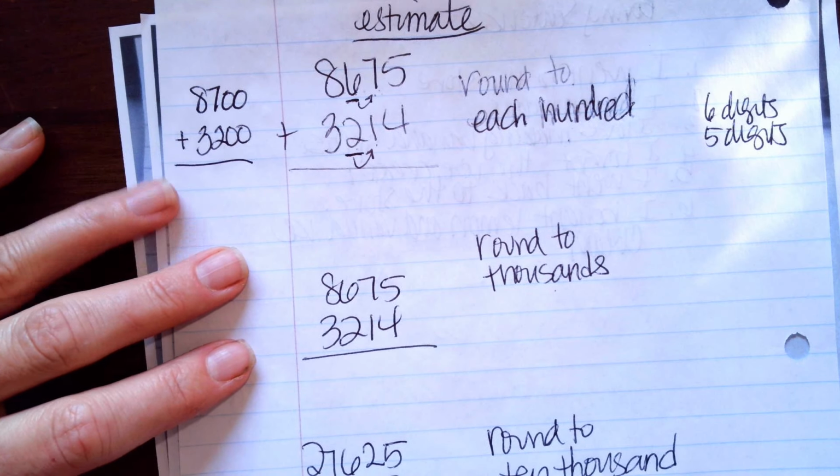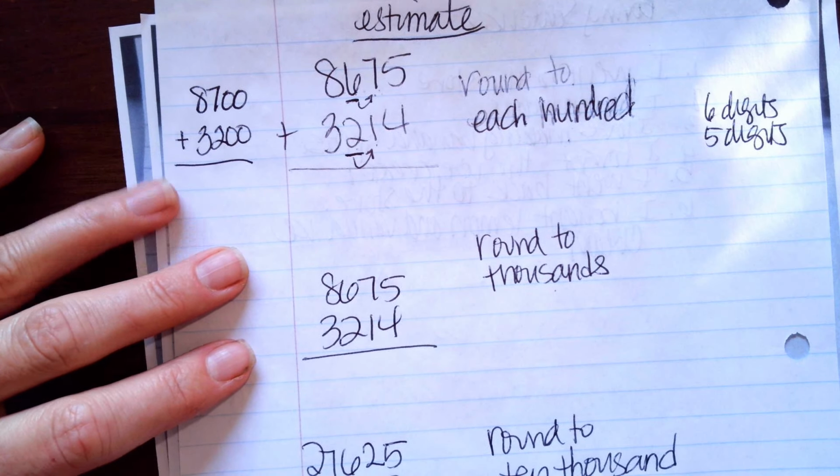So my estimate is going to be about 11,900 or so, and that's just a guess, right? If you were rounding to the thousands, you're going to underline the thousands place, go to the right, and say 5 or more, let it soar, 4 or less, let it rest.